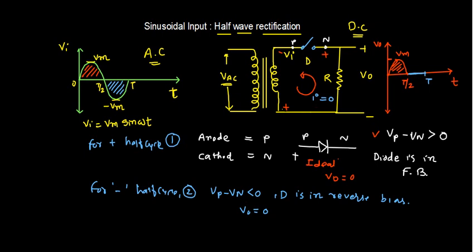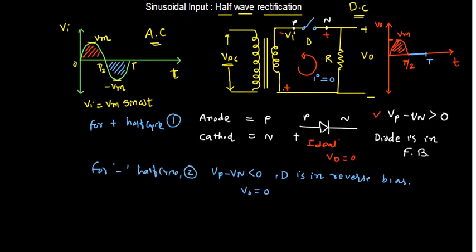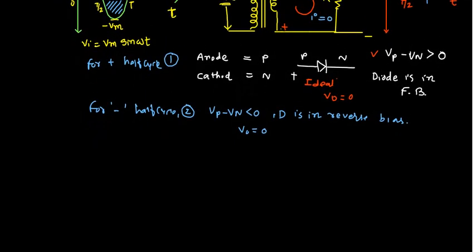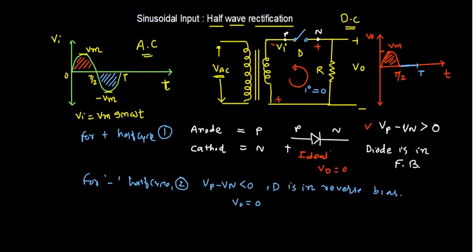Now let me draw this one. If I draw the full output waveform with some more cycles, this we have considered for only the positive half cycle.